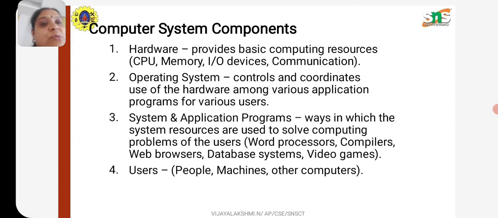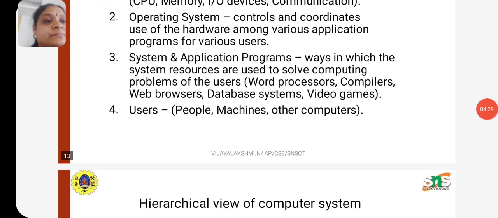The OS controls and coordinates the use of the hardware. System and application programs include word processor, compiler, and web browser. And users may be people, machines, or other computers.